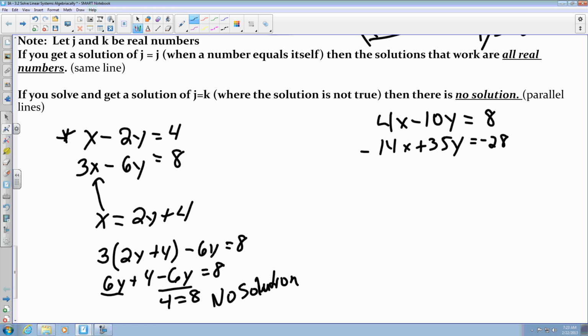What I'm planning on doing, in order to get cancellation, is pick on my x. I want to eliminate my x, because I can multiply this by 14, and I can multiply my bottom equation by 4. By multiplying both by each other's coefficients, they're going to end up being the same value, so I can cancel them out.